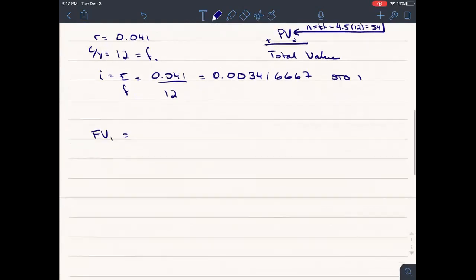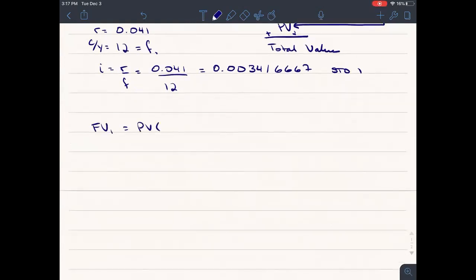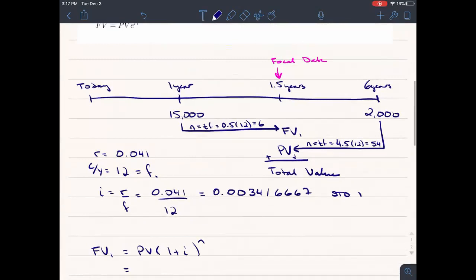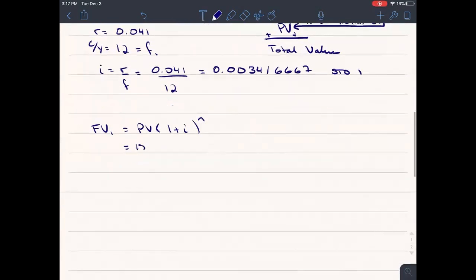Future value is the present value times 1 plus I to the power of n. The present value for this future value is 15,000 times 1 plus, and here's where I'm going to say recall 1 only because I said I've stored it in 1, to the power of n, which is 6.